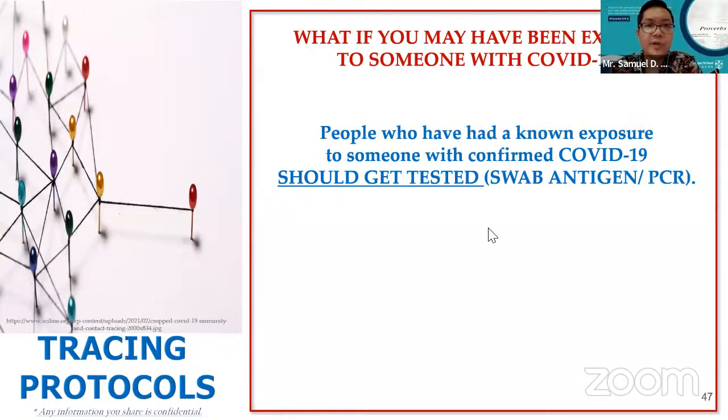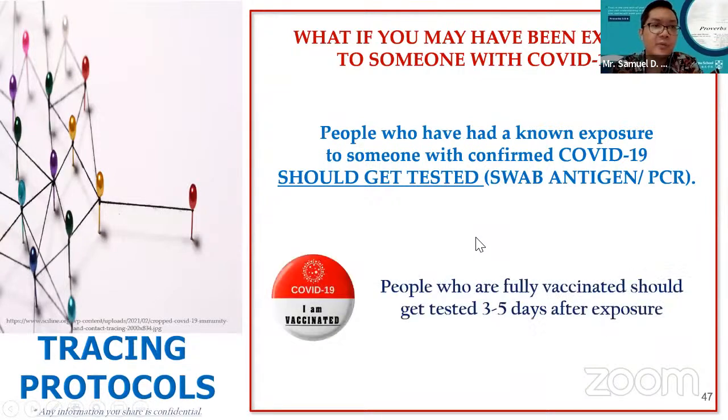So for example, hopefully it will not happen, but for example, in the class, student A got contracted. Student A reported to school. Then we will inform the students in the class, we will do the tracing protocols, and we will ask you to get tested, for either swab antigen or PCR.